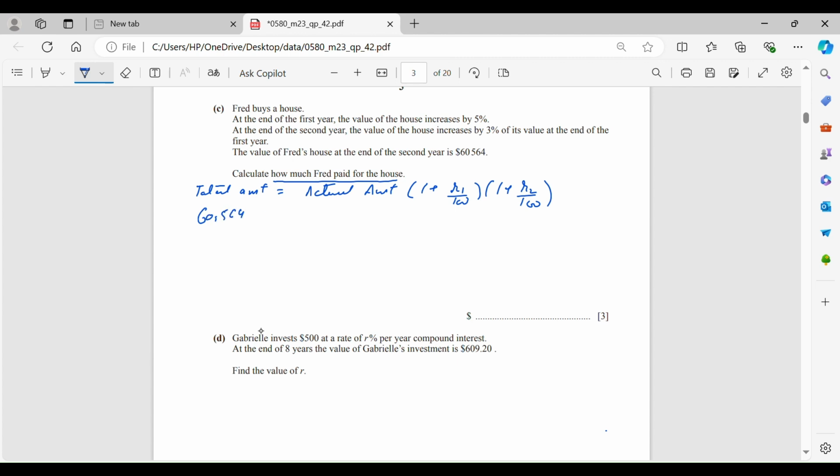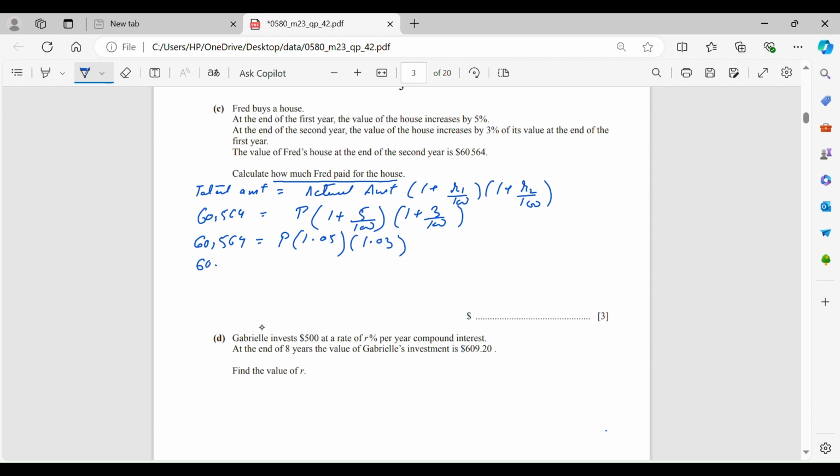The total amount is 60,564. Let the actual amount be P. So 60,564 is equal to P into bracket 1 plus first rate of interest 5 over 100, second is 3 over 100, right? So this is 60,564 equal to P into 1.05 into 1.03.